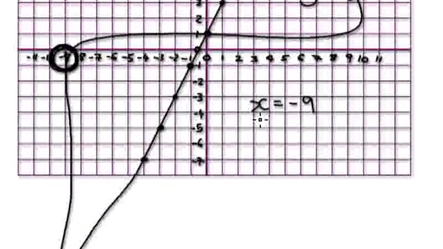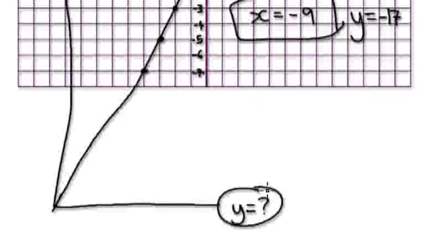So when x is minus 9, y equals minus 17. This point here will be minus 17.